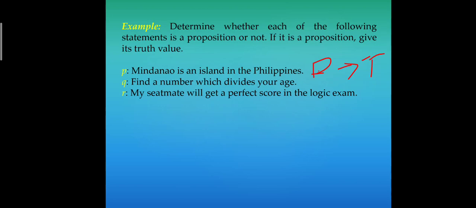But we cannot determine outright its truth value because its truth value will only be known after the logic exam. Nonetheless, it can either be true or false, but not both. So therefore, example number 3 is a proposition. But we cannot determine yet its truth value, whether it is true or false.